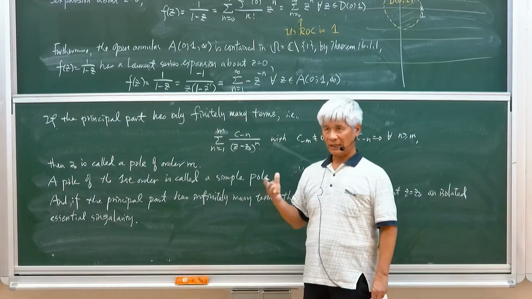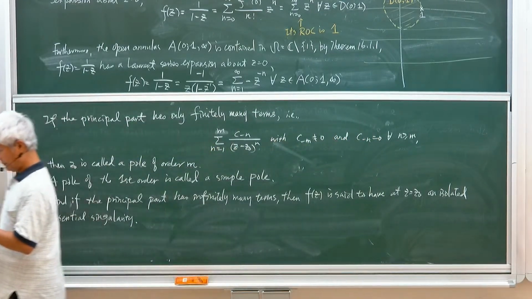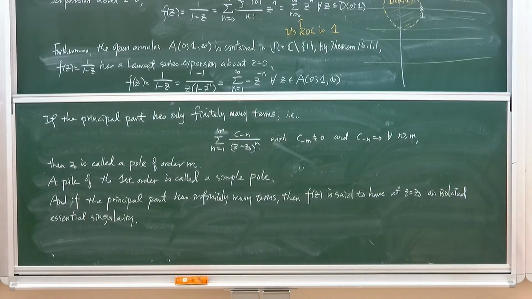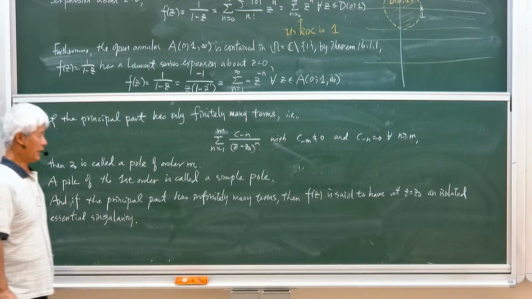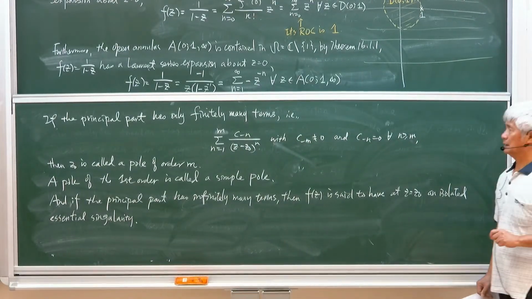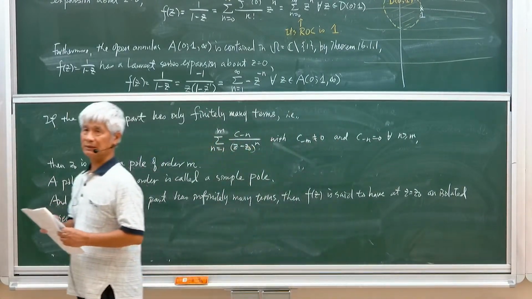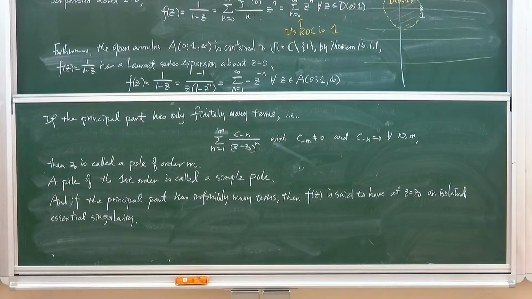Otherwise, it's called an isolated essential singularity. These two classes of isolated singularity have different behavior in complex analysis, so we have to treat them in different ways. Any questions? Okay, if no questions, I stop here.